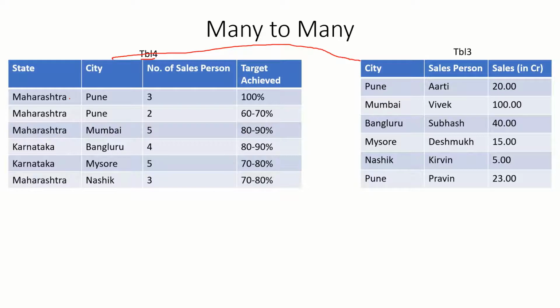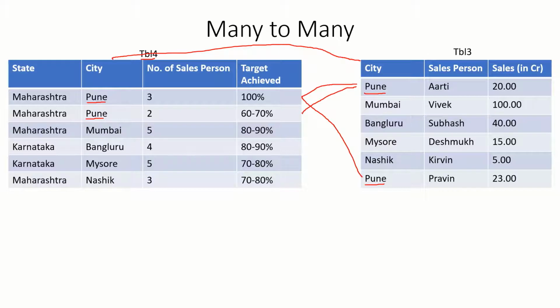Since city is the point of join, Pune city is occurring twice in table 4. Also, Pune city is occurring twice in table 3, correct? Since we have created a join, the first row of table 4 will join with the first row of table 3, the first row of table 4 will also join to the last row of table 3, and the second row of table 4 will join to the first row of table 3.